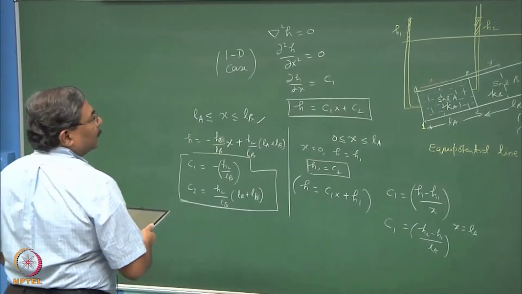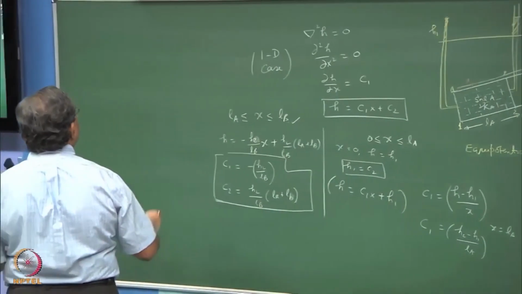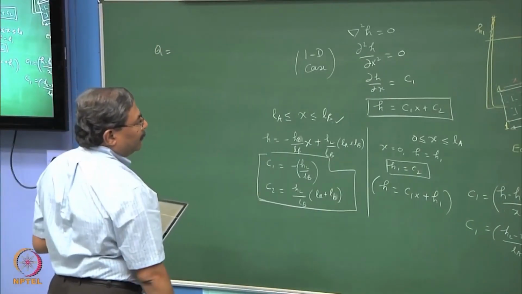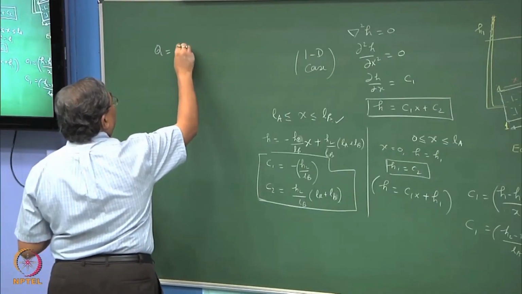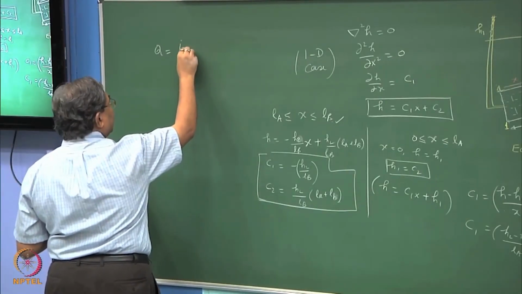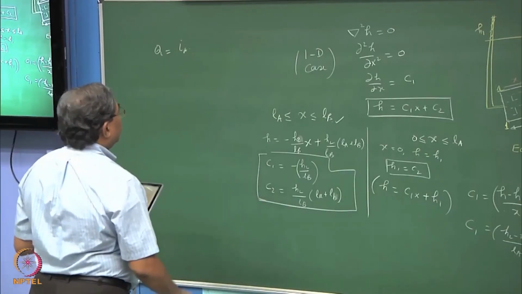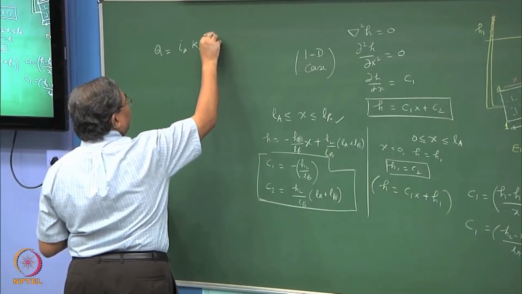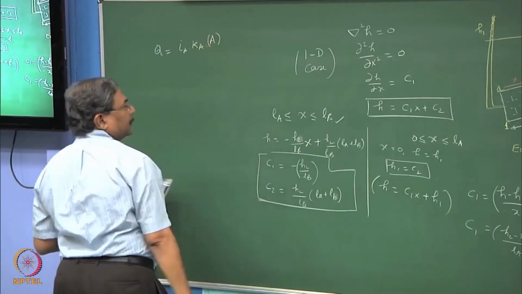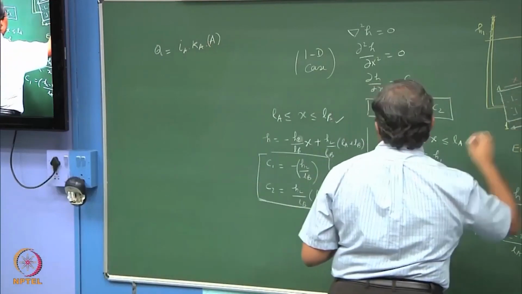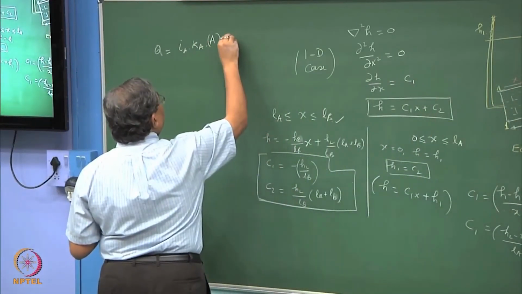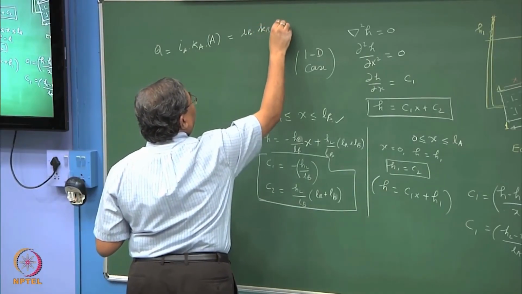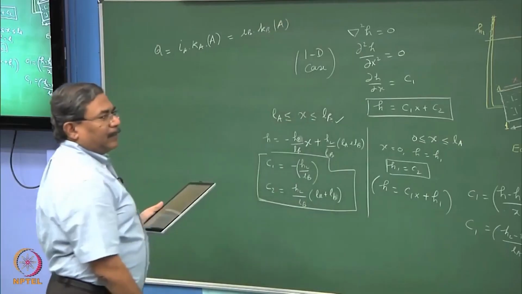Now, another thing which I would like to do is find out the discharge which is taking place through the system. So, the Q value will be equal to i in, let us say, soil A multiplied by Ka into area of cross section. The area of cross section in this case remains the same for the sample. So, this is equal to iB multiplied by Kb into A. A can be eliminated.